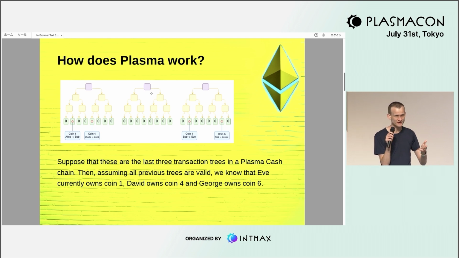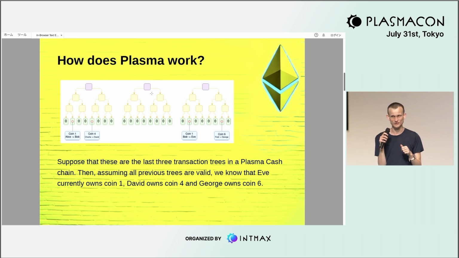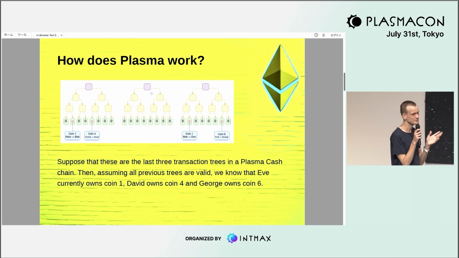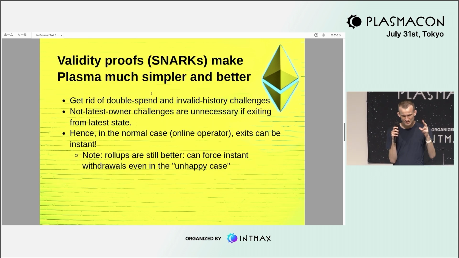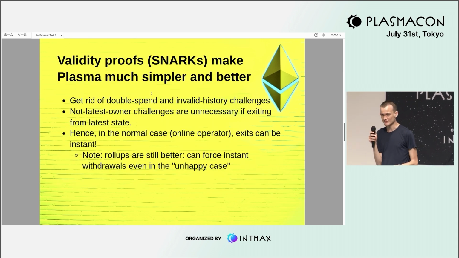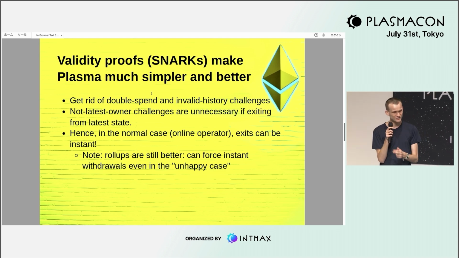With a Plasma chain, in the happy case, so in any case where the operator is honest, you can just take your money out instantly. This is an incredibly powerful benefit. So rollups are still better because rollups, even in the unhappy case, can also force instant withdrawals. But this already is a very big deal, right?